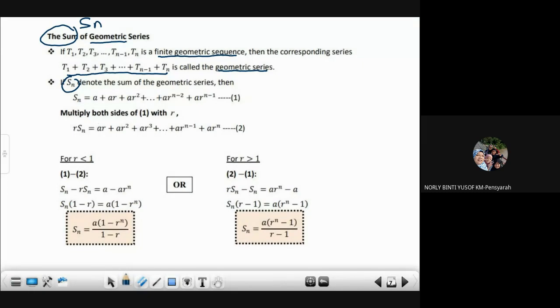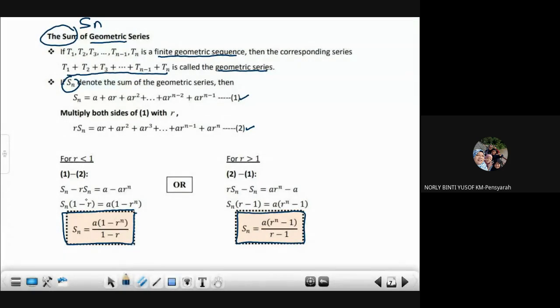Macam mana you derive formula ini adalah caranya you terbitkan satu first equation, lepas tu lagi satu you multiply with R, so that you akan dapat R as N. Ini akan samalah, you akan dapat AR squared, dia akan naik power dia until AR N minus 1 till AR N. Jadi bila you bahagi, you akan tolak, maksudnya you akan tolak equation 1, tolak equation 2, Sn minus R Sn.